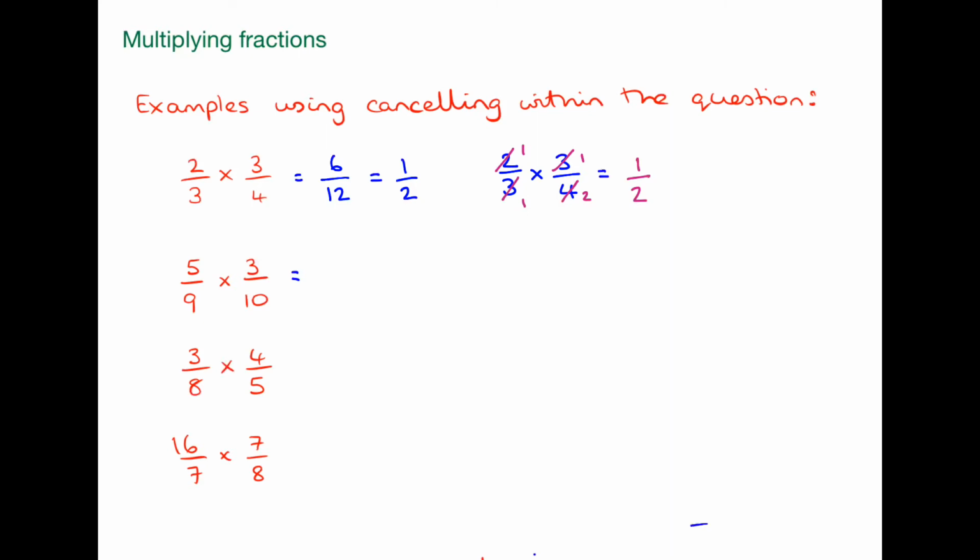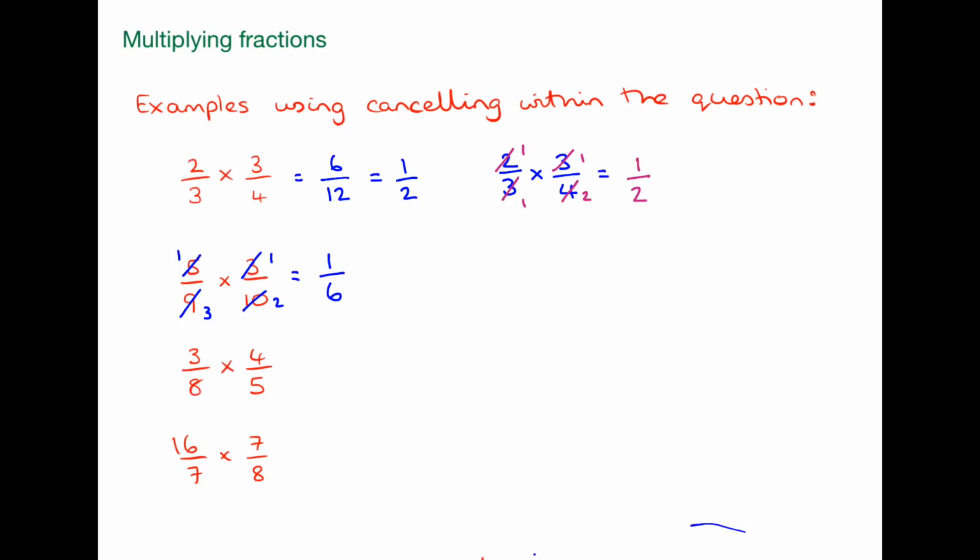And we can see if we look at the 5 and the 10, then if we divide by 5, we've got 1 and 2. And then looking at the 3 and the 9, they're both in the 3 times table. So we've got 1 3 there and 3 3s there. So altogether, top times top, 1 times 1 is 1. And 3 times 2 is 6 on the bottom.